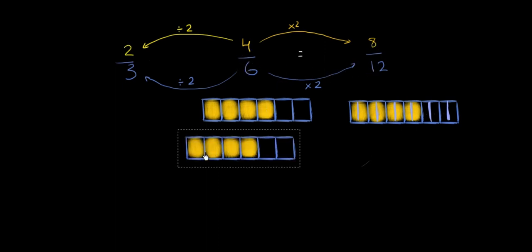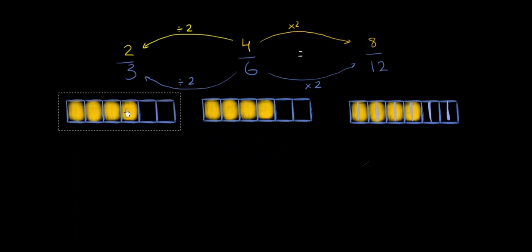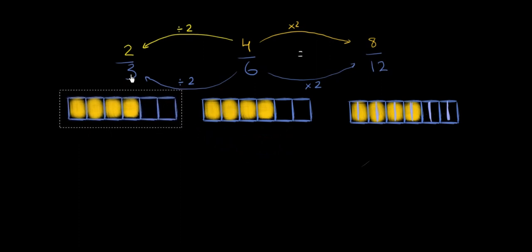Well, let's visualize that. So here, this is 6 equal sections, but now we're going to have only 3 equal sections. So we can merge some of these equal sections. We can merge these 2 right over here, and these 2, and these 2. So our whole is still the same whole, but now we only have 3 equal sections, and 2 of them are actually shaded in.